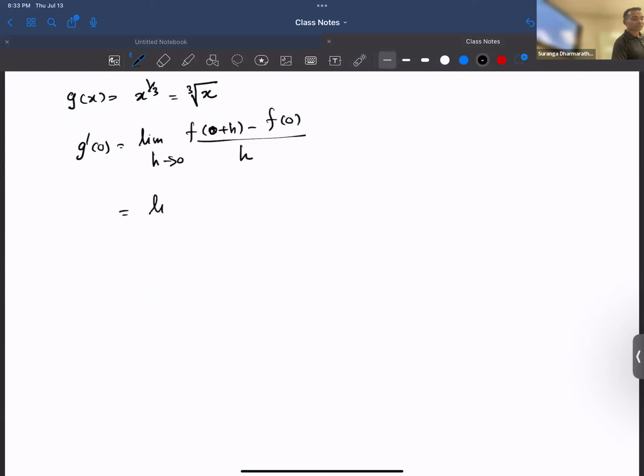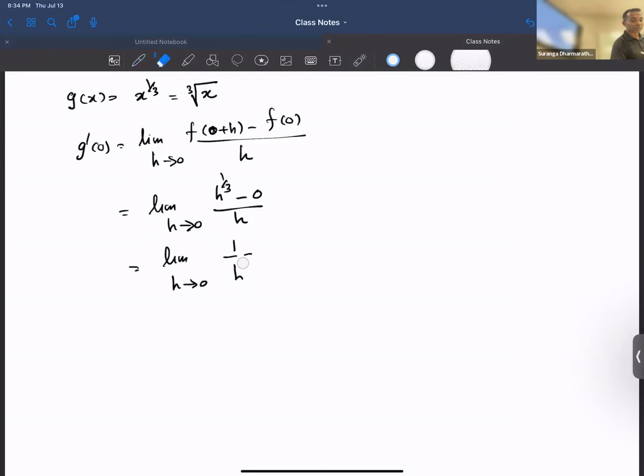So this is the limit as h goes to 0 of h to the 1/3 minus 0, divided by h, right? So you get the limit as h goes to 0 of 1 over h to the power 2/3, right?